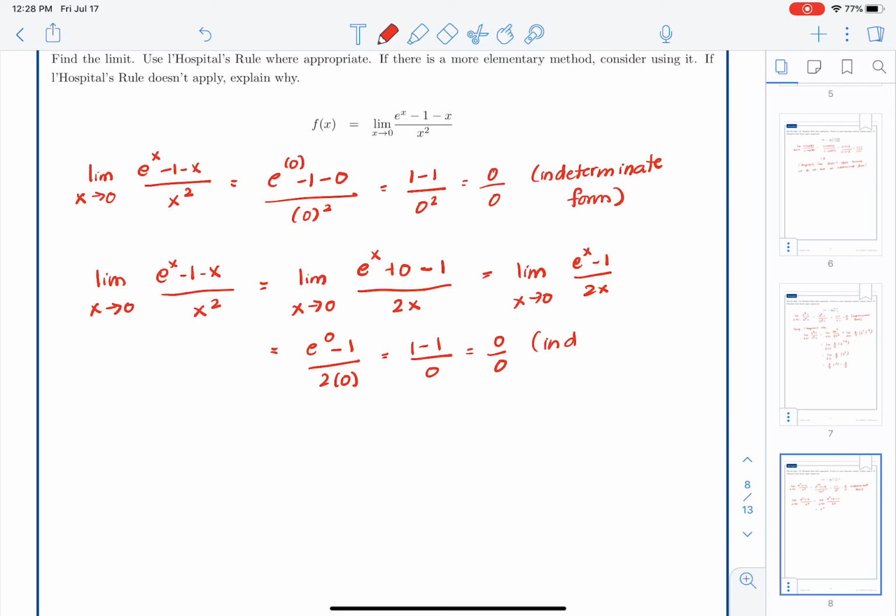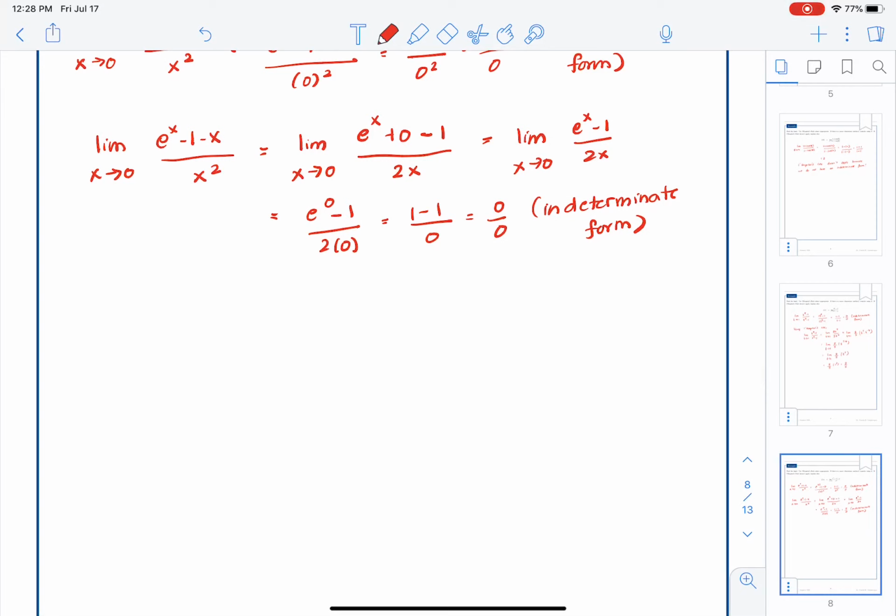We still have an indeterminate form. So what do we do? We apply L'Hopital's rule again.